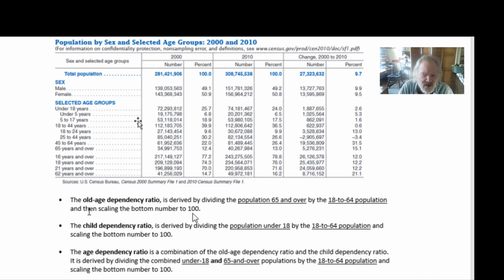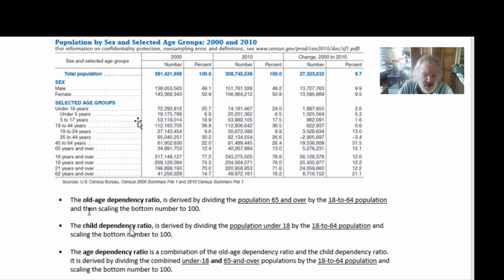So if it was 19, it would be for every 100 people in the working age group, 18 to 64, there's 19 people 65 and older. And in Western democracies, that number, 19 over 100, has been increasing and getting higher because of the low birth rate and things like that.